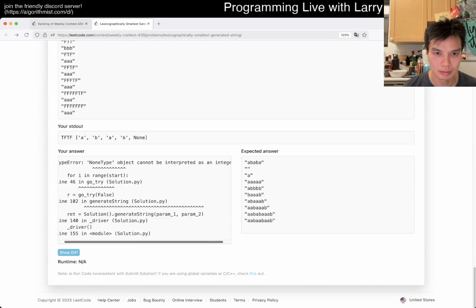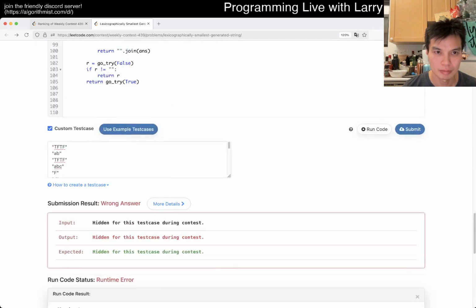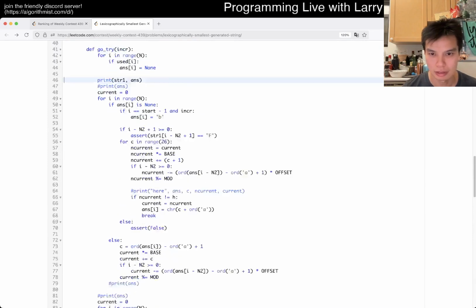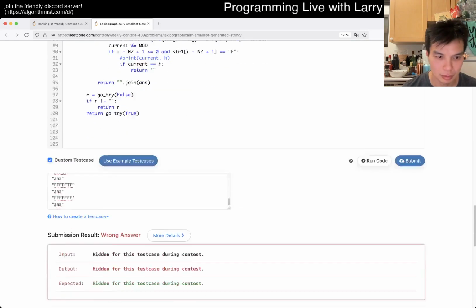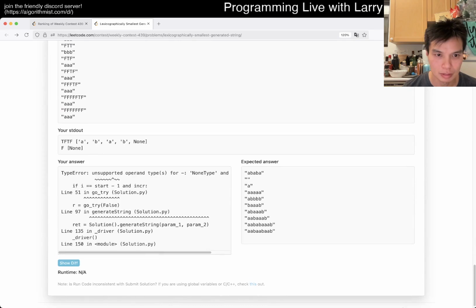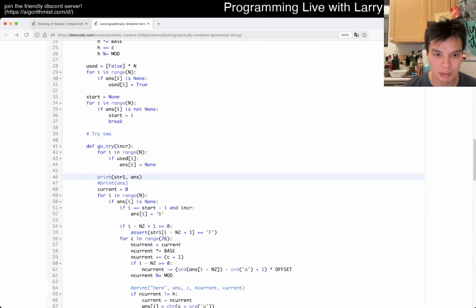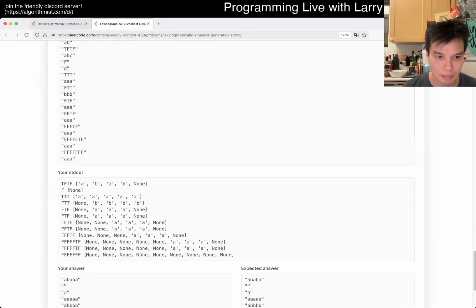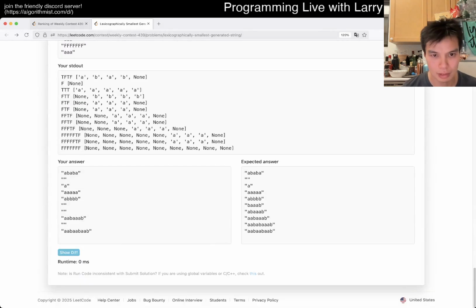Non-object, what? Oh, I have to delete this. Okay, fine, then. That's not right though, because we want to try.